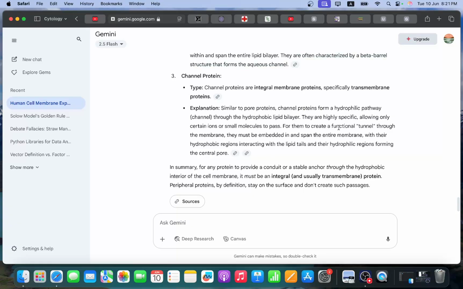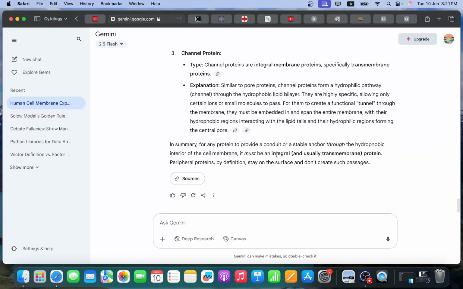For them to create a functional tunnel through the membrane, they must be embedded in and span the entire membrane, with their hydrophobic regions interacting with lipid tails and hydrophilic regions forming the central pore. In summary, for any protein to provide a conduit or a stable anchor through the hydrophobic interior of the cell membrane, it must be an integral and very transmembrane protein.